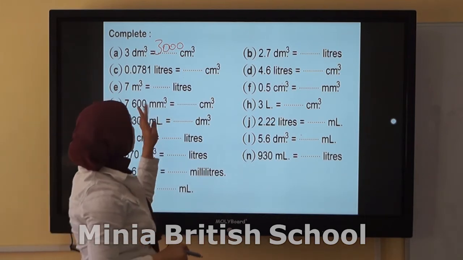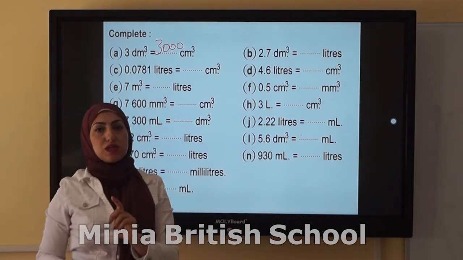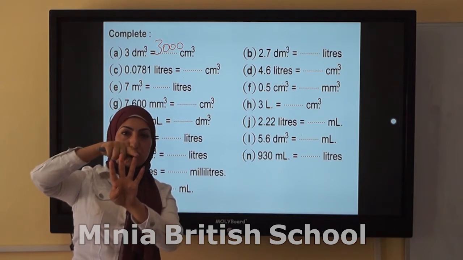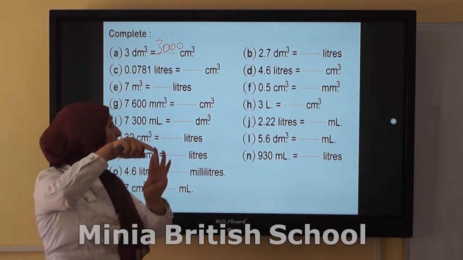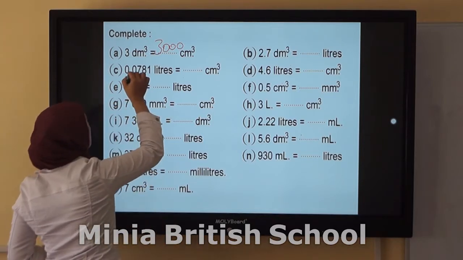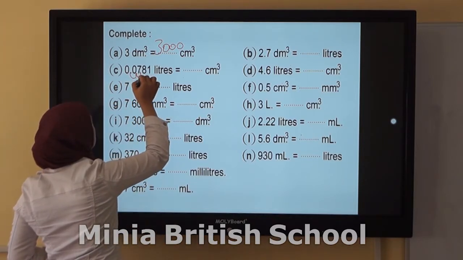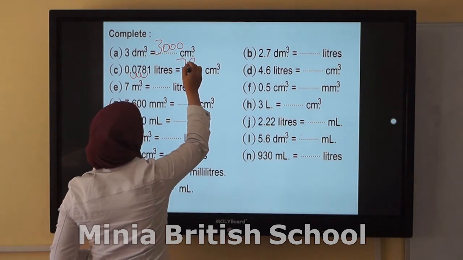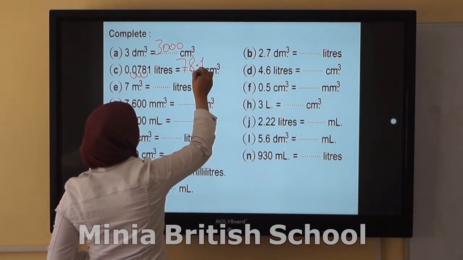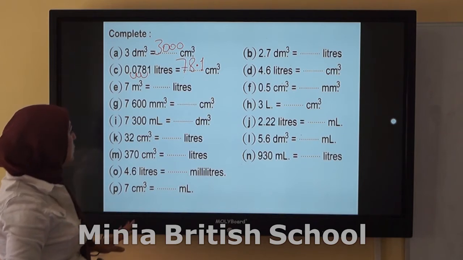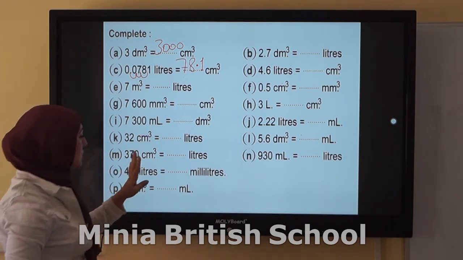Next, from liters to cubic centimeters. Liter means cubic decimeter, to cubic centimeter, so multiply by 1,000.